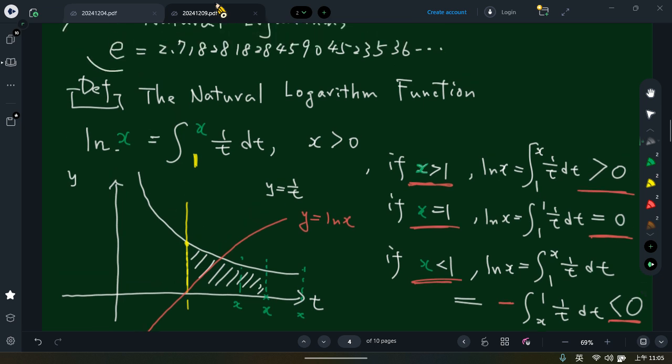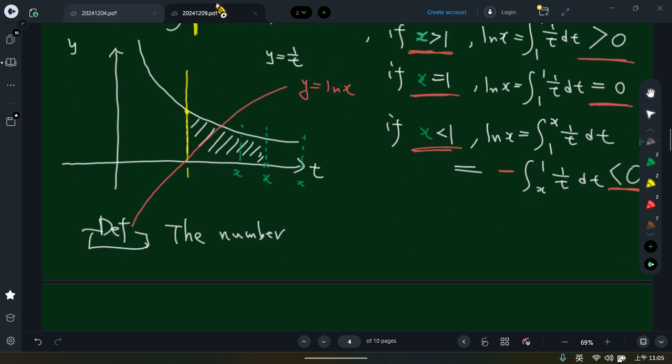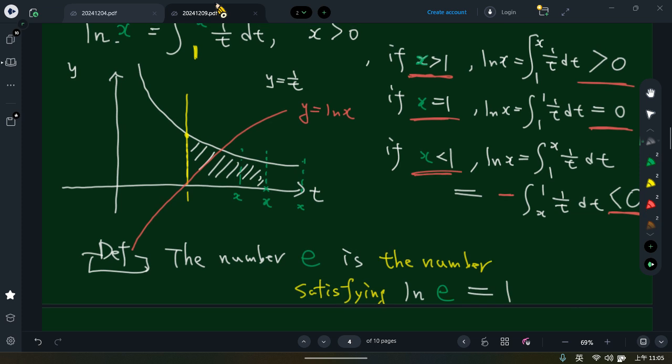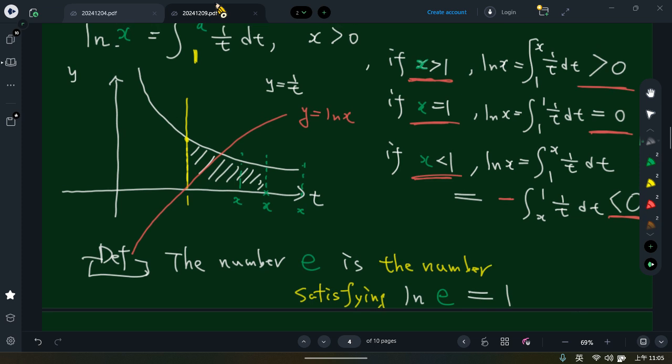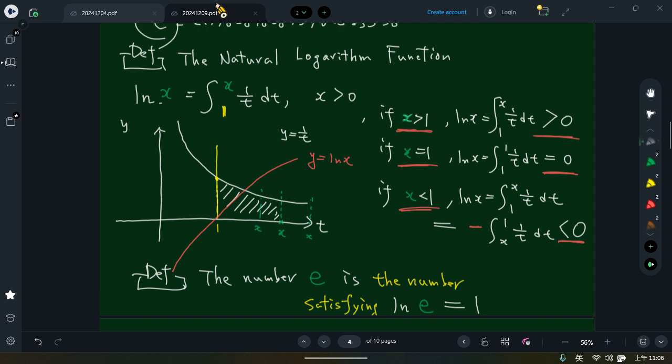The number e is defined as the number satisfying ln e should be 1. So you just think about that.